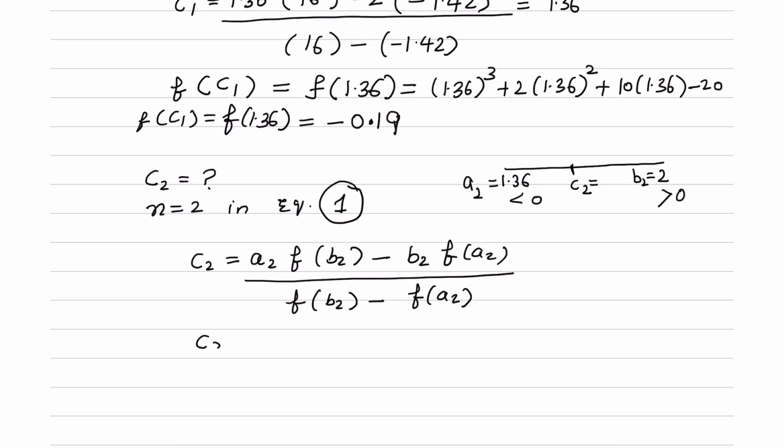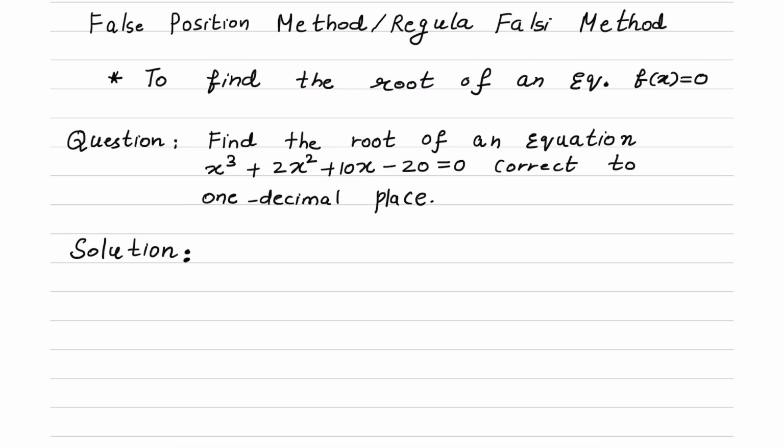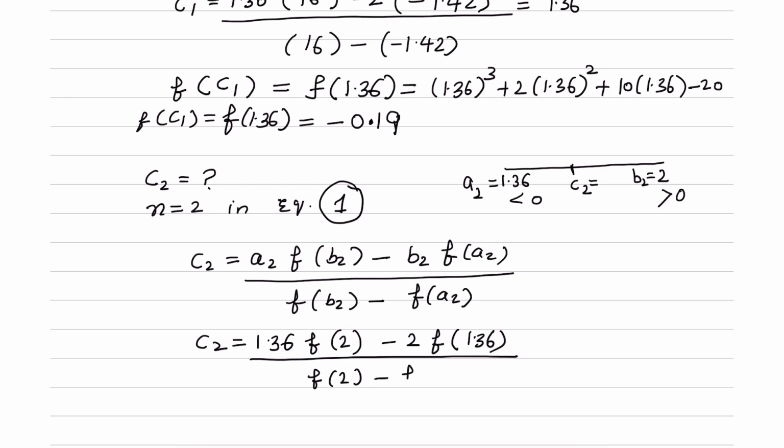Let's plug in the values. a2 we have 1.36, it is from here. b2 is 2, it is from here. b2 is 2, a2 is 1.36, whole divided by f of 2 minus f of 1.36.